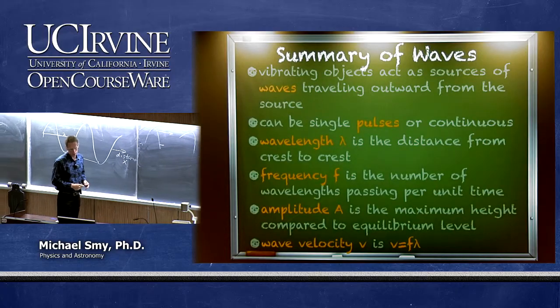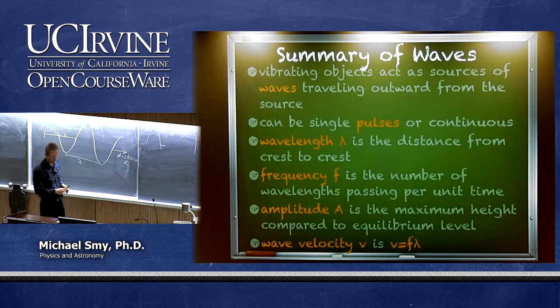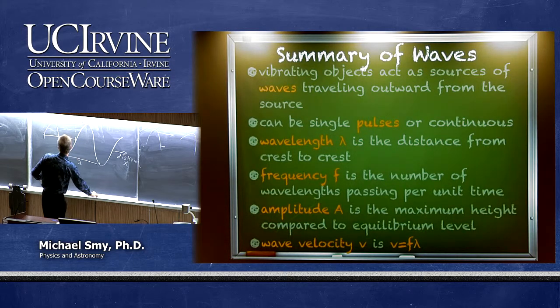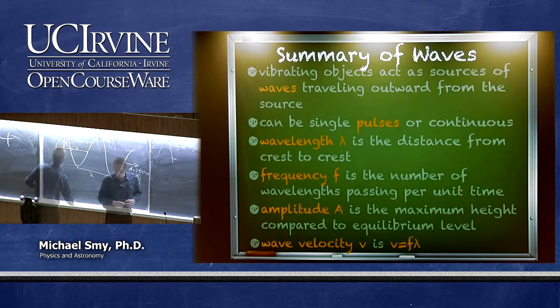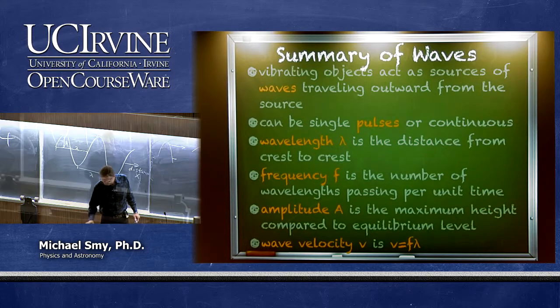The frequency is the number of wavelengths or crests passing per unit time. The amplitude is the maximum deviation from equilibrium, or the height from the equilibrium level to the crest or to the trough. The wave velocity is given by the product of the frequency and the wavelength.